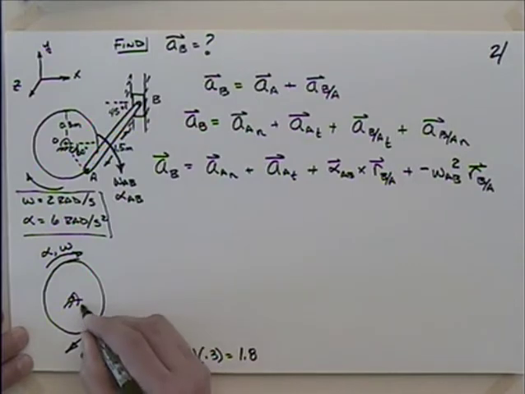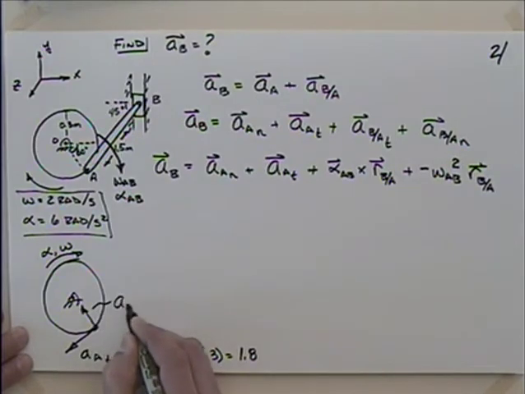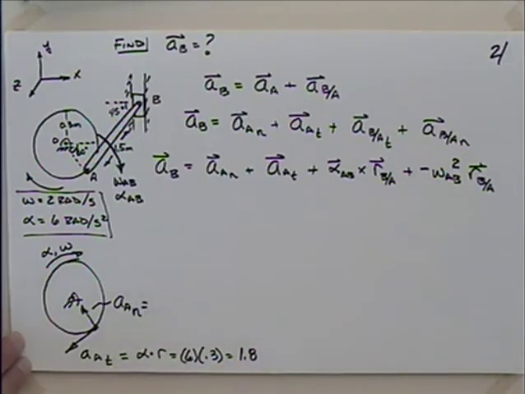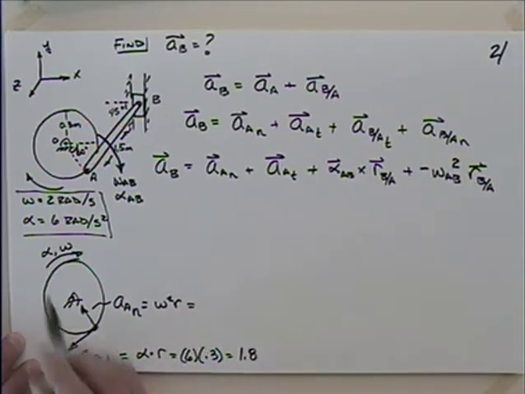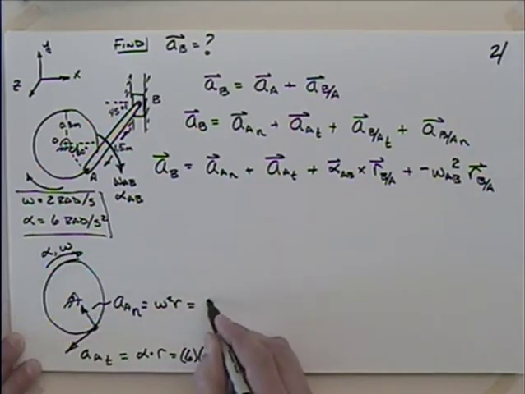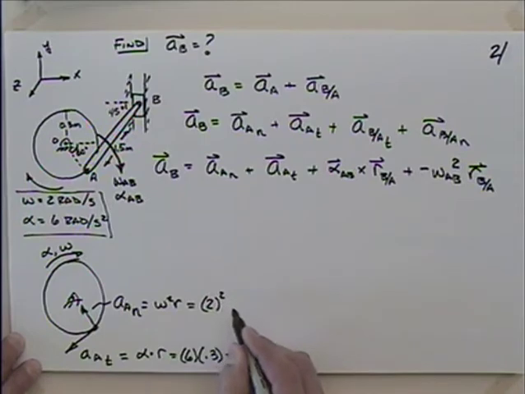And then the normal, there's the acceleration of A in the normal direction. What's a good way to figure that out? How about our old friend omega squared r? What do we have for omega? We have 2 squared times the radius, 0.3.